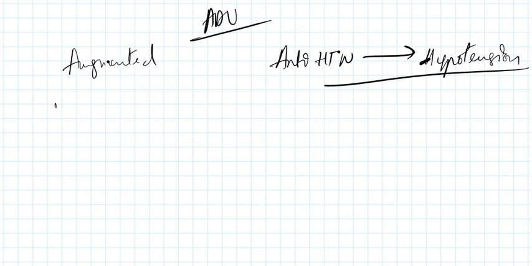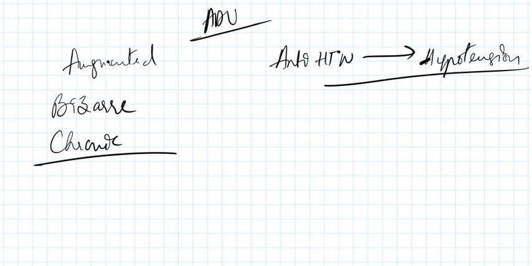Now another one is bizarre. What is meant by bizarre adverse reaction? Bizarre adverse reaction means drugs causing hypersensitivity. If the drug causes hypersensitivity, then that type of adverse reaction is called bizarre. Now another is chronic. What is an example for chronic? Steroids causing HPA suppression, hypothalamo-pituitary axis suppression.